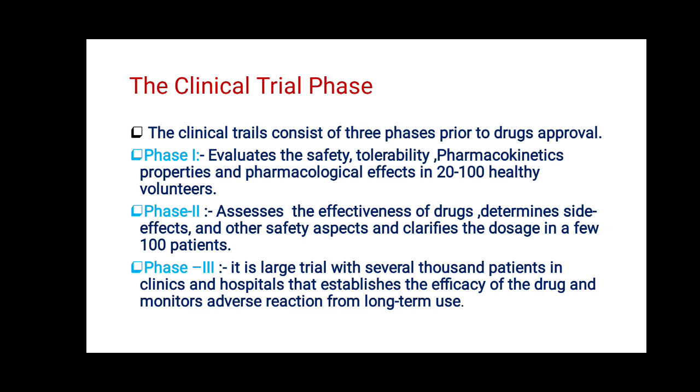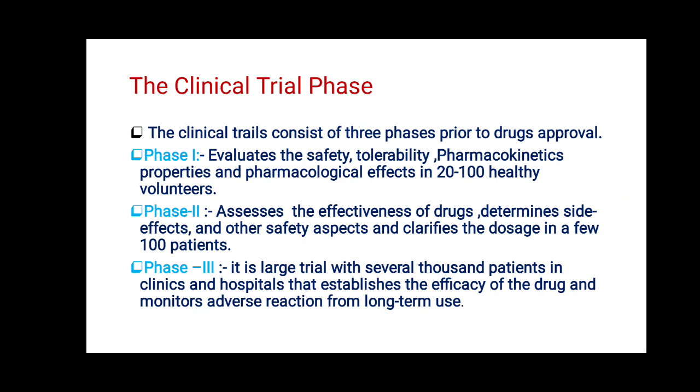Then phase 3 is a large trial with several thousand patients in clinics and hospitals that establishes the efficacy of the drug and monitors adverse reactions from long term use.